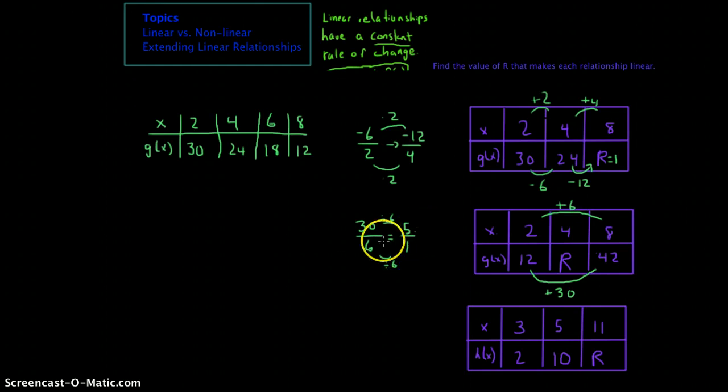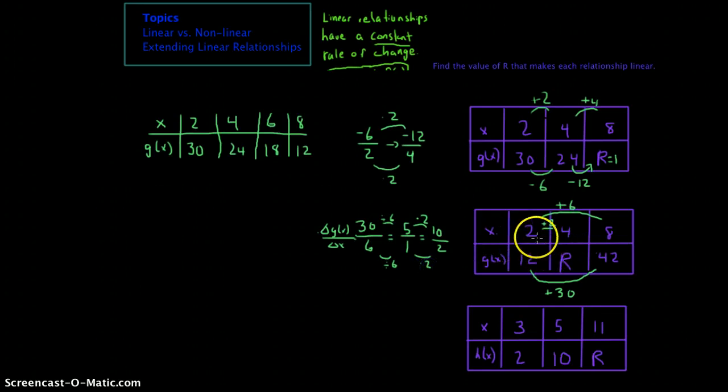Okay, so this is our change in outputs, our change in g of x, divided by our change in inputs. Right? So if our inputs go up by 1, our outputs are going to go up by 5. But what if our inputs go up by 2? From 2 to 4, what's going to happen to our outputs? Well, another way of writing 5 to 1 is writing 10 to 2. 5 times 2 is 10. 1 times 2 is 2.